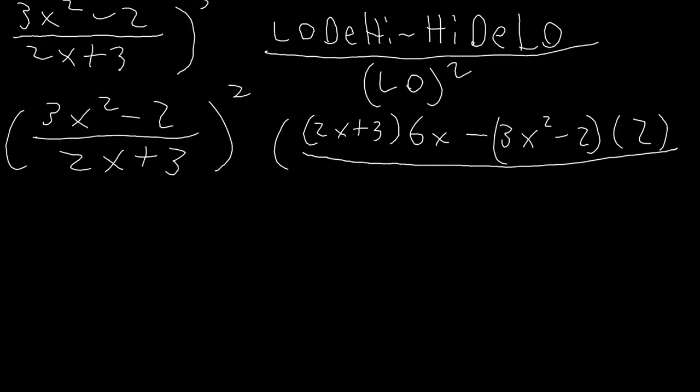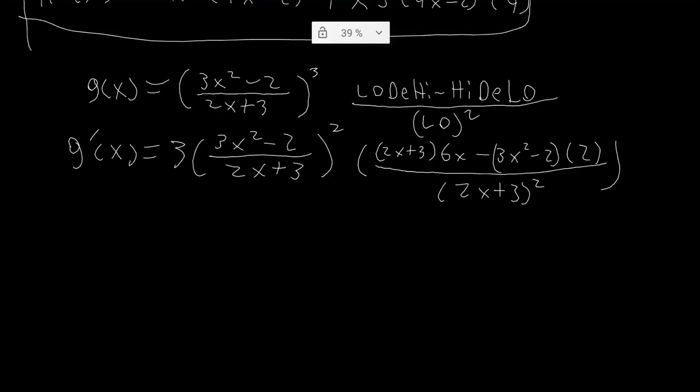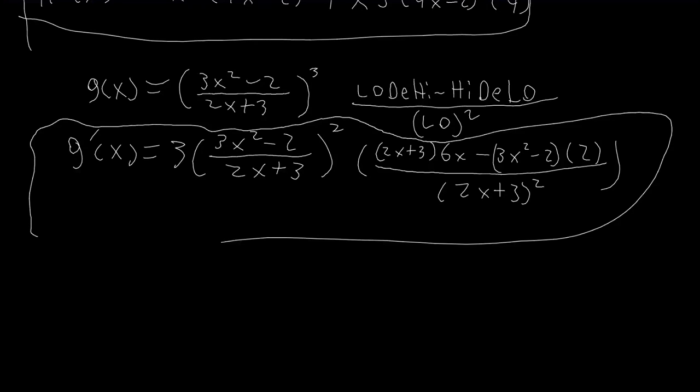And this is all over low squared, which is (2x plus 3) squared. And so this is going to be our long answer for this problem. You could simplify it, of course, a bit more, but again, there's no need really.